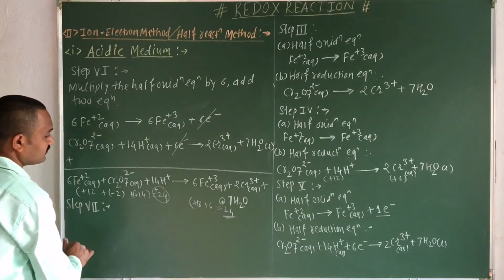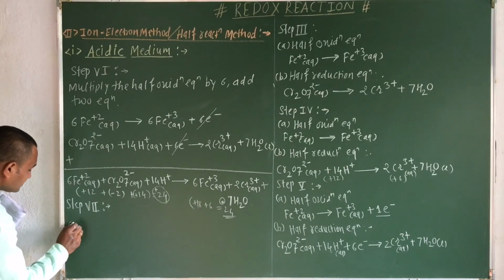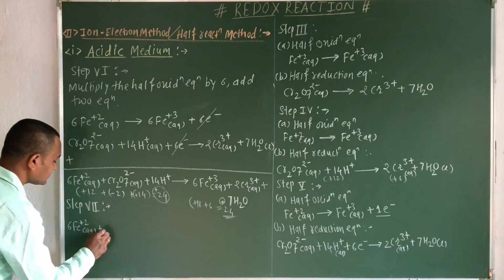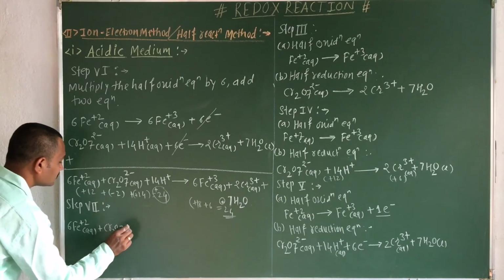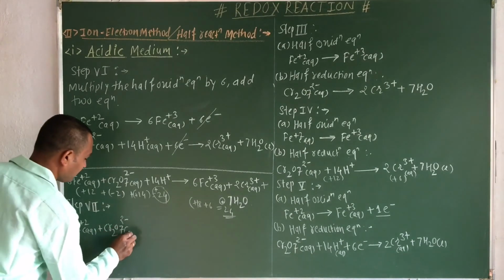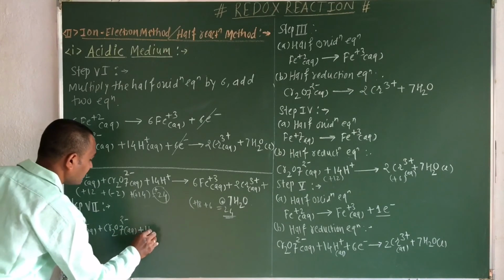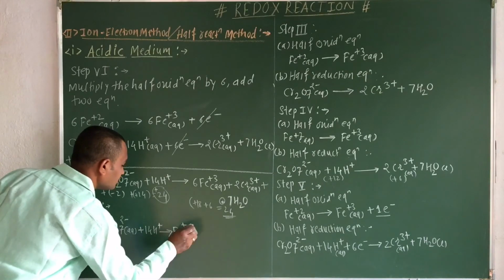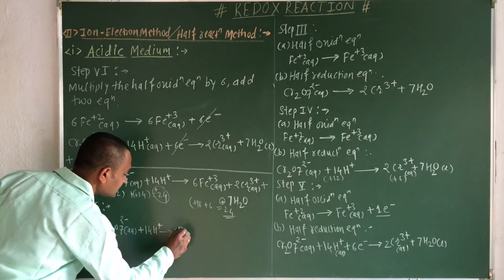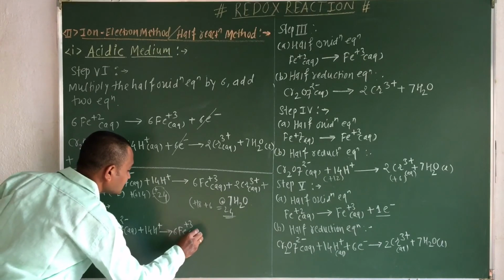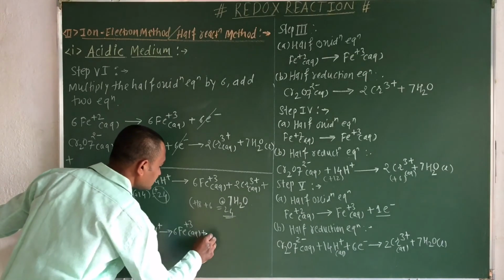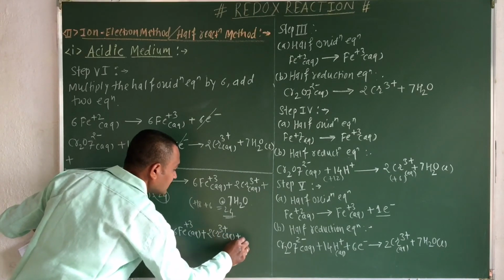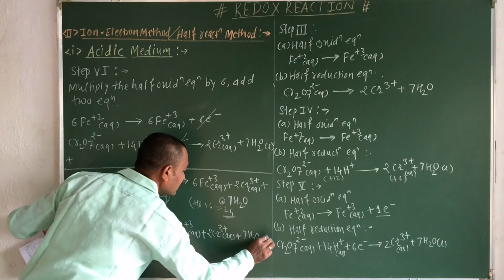So again write down that equation as it is, that is 6 Fe plus 2 aqueous plus Cr2O7 2 minus aqueous plus 14 H plus gives 6 Fe plus 3 aqueous plus 2 Cr plus 3 aqueous plus 7 H2O liquid.